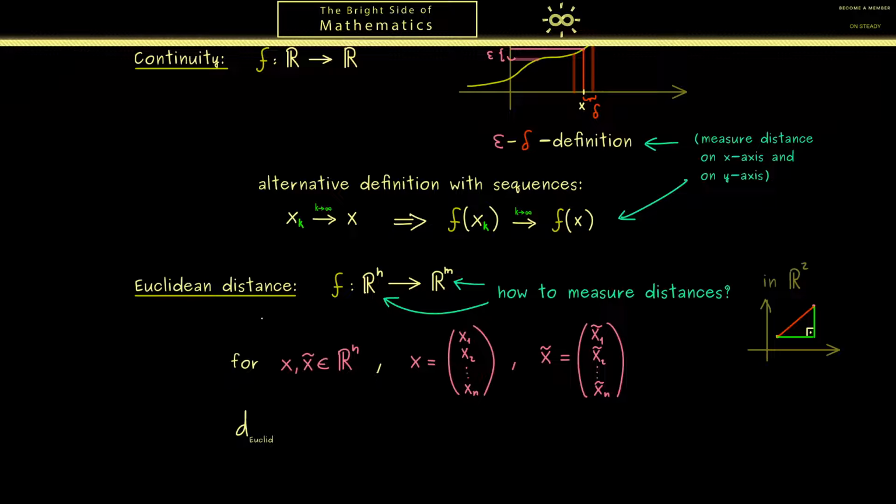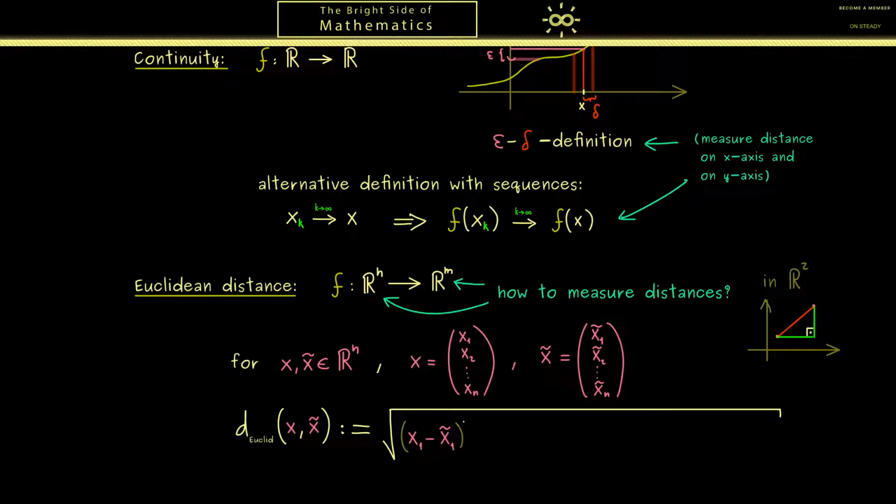And then we define a new map we call D, where we put Euclid in the index. And of course, this here should represent the Euclidean distance between the point x and x tilde. Therefore, we already know this should be given by a long square root, where we have squares added inside. So first we have the difference of the first component squared plus the distance of the second component squared.